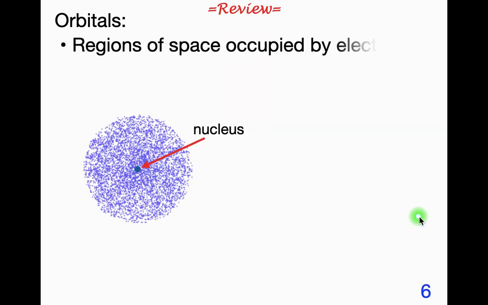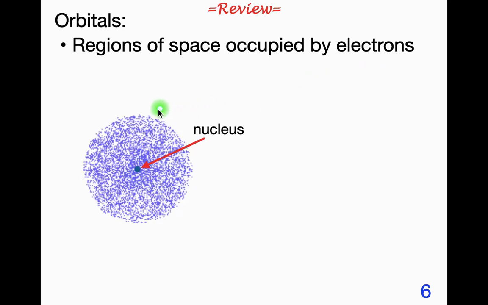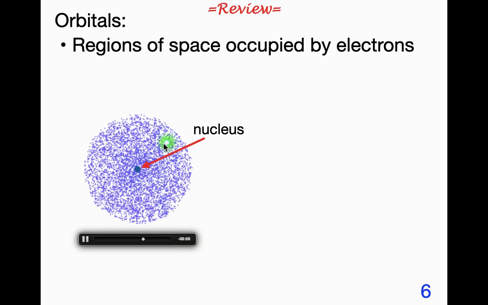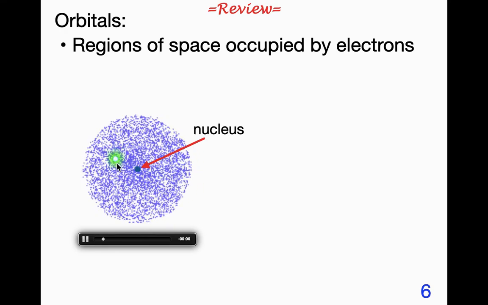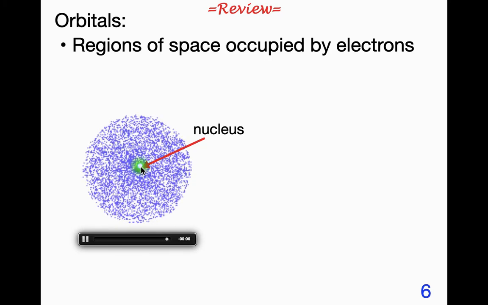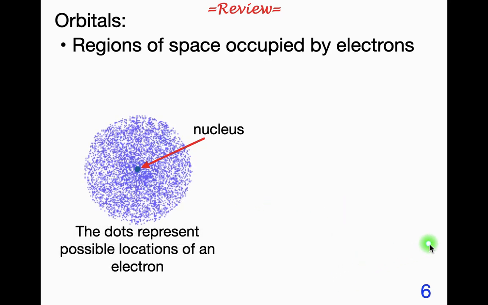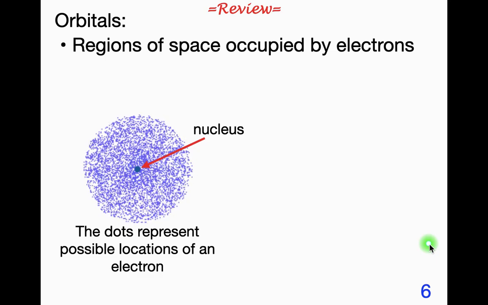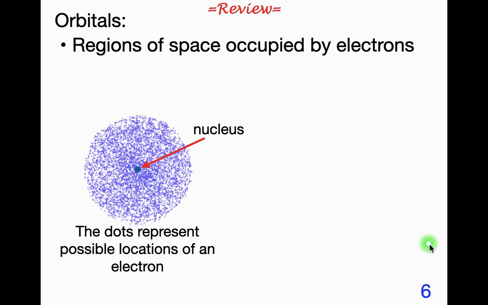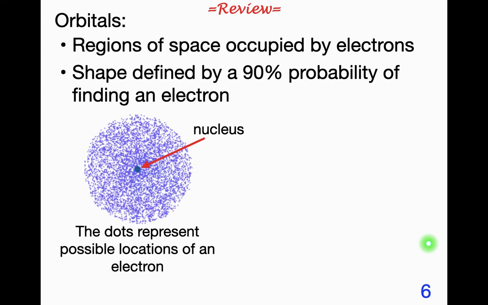Orbitals, regions of space occupied by electrons. And so here we have, remember, each one of these little tick marks is not an electron, but a probability of finding an electron, the nucleus there in the center. The dots represent possible locations of an electron. The shape is defined by a 90% probability of finding an electron.